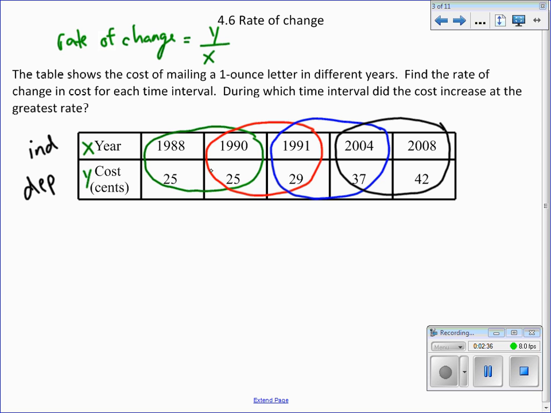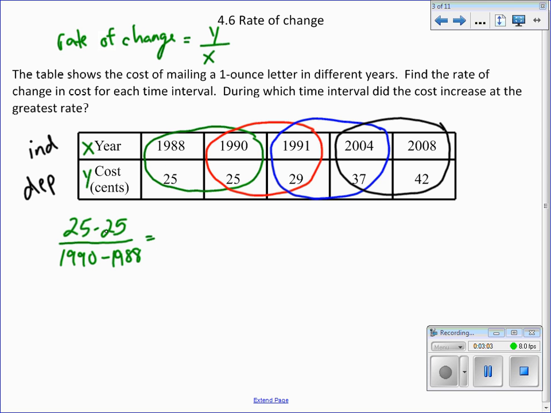So we're going to take 25 minus 25, and put that over, because that's the difference in our y's, the x's, which is 1990 minus 1988. Notice how I'm going from the earlier to the later, from the second column to the first.